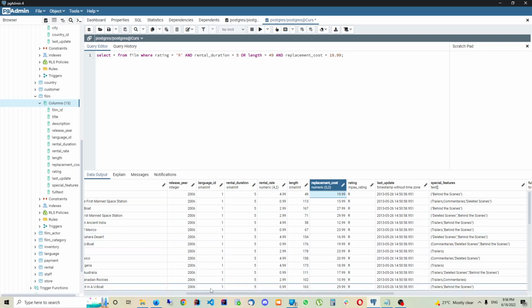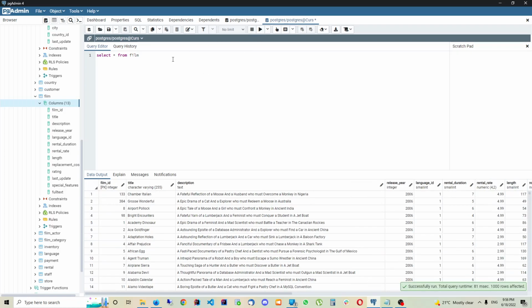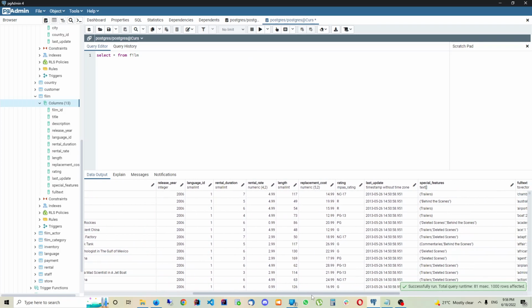Let's try to figure some other example. Let's try to delete this and this. Okay.